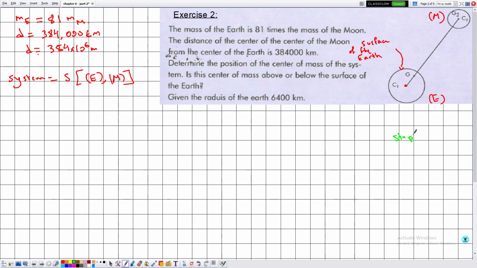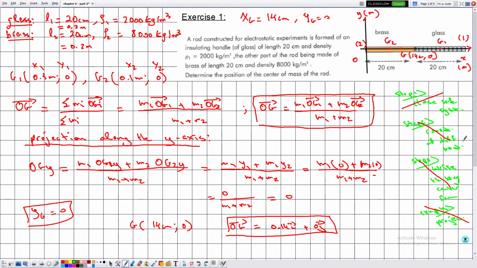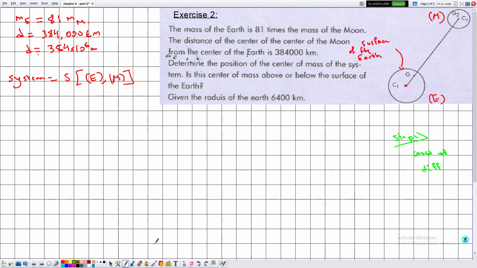So step number 1, coordinates of different bodies. So before, we need to choose a reference system. So recall that the steps are given by choose a coordinate of reference system, coordinates of different body, then write the barycenter formula, then project.